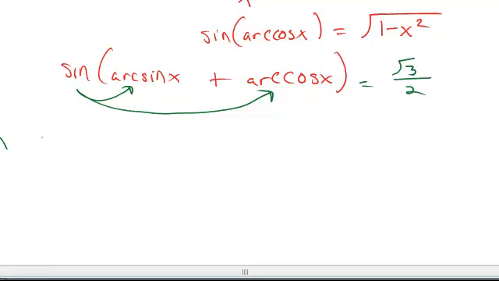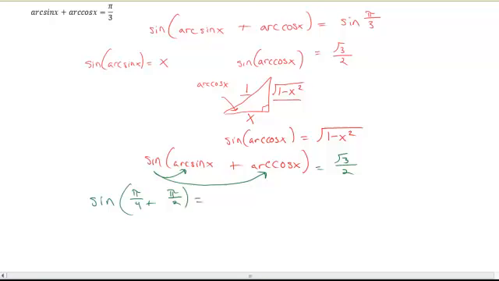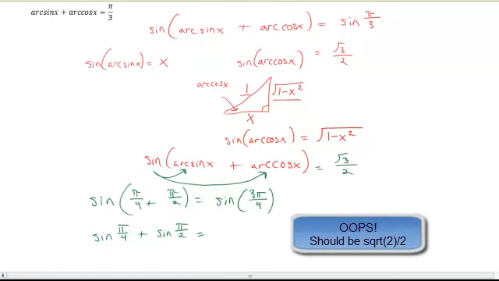Let's just assume that I'm going to take sine of pi over 4 plus pi over 2, and we'll see if our distribution works. On the right-hand side, we know that should be the same as sine of 3 pi over 4. Well, if our distribution works, sine pi over 4 plus sine pi over 2 should be equal to square root of 2 over 2.